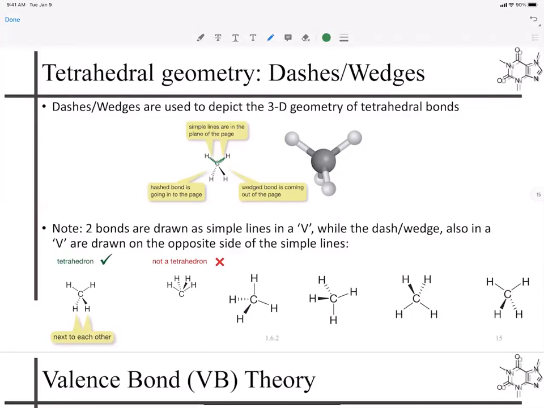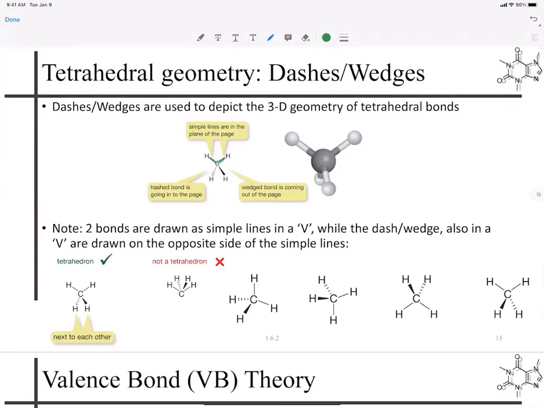And then what you want is that V is essentially kind of pointing up right now. And so your dash and your wedge in this case should be pointing in the opposite direction. And that's what this note here is trying to show you. So the dash and wedge should also be in a V, but they should be pointing in the opposite direction as the other V of the two bonds that are in the plane.